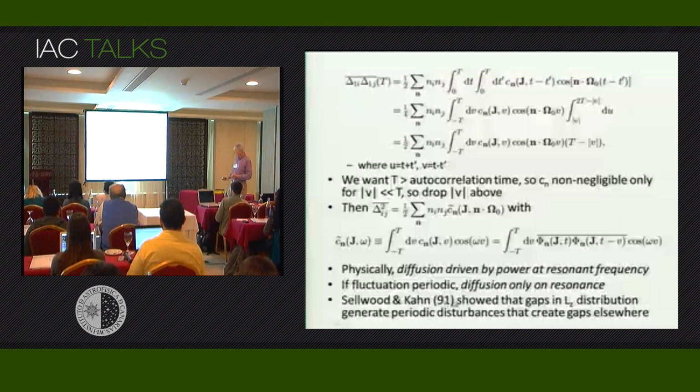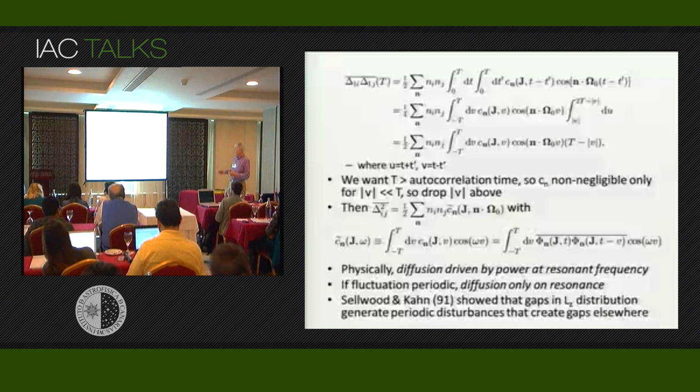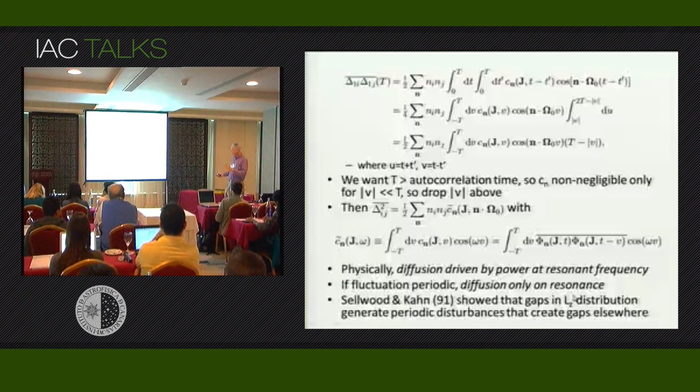And in fact, this is significant. Sellwood and Kahn back in '91 showed that if you start a disk with a gap in its angular momentum distribution, so there's an absence of stars at some particular value of the angular momentum L_z, this excites an almost periodic spiral pattern with a characteristic frequency that has co-rotation around there.